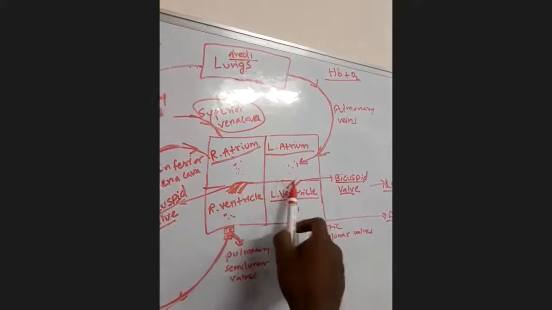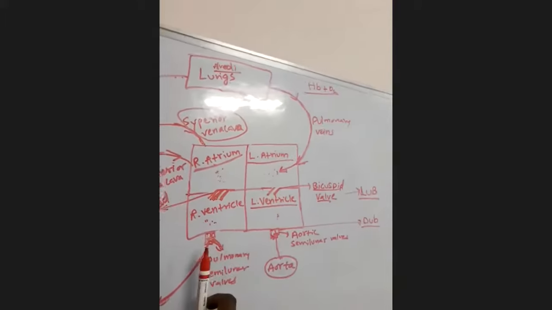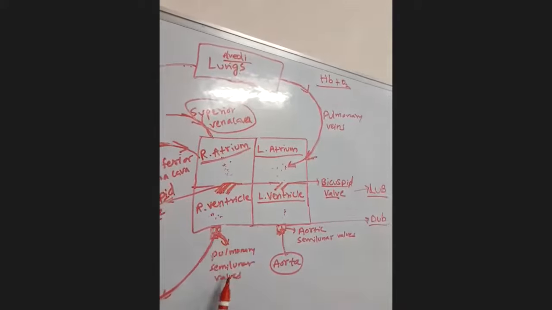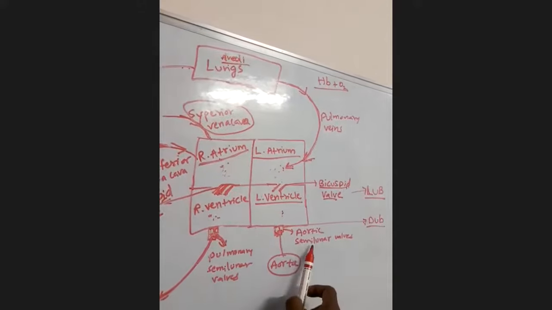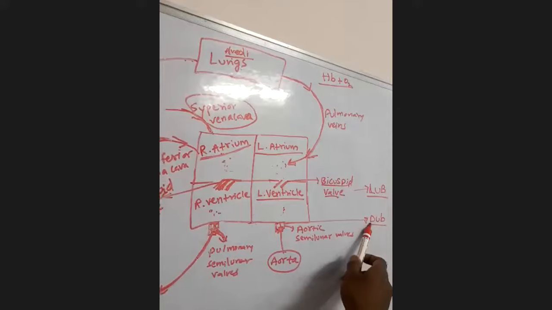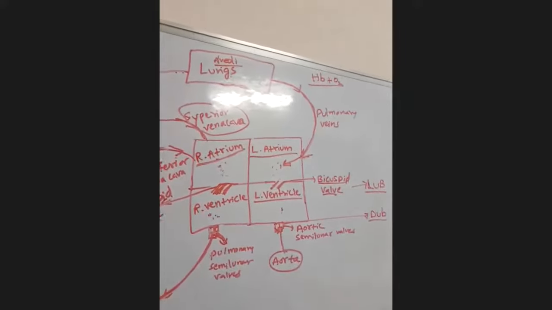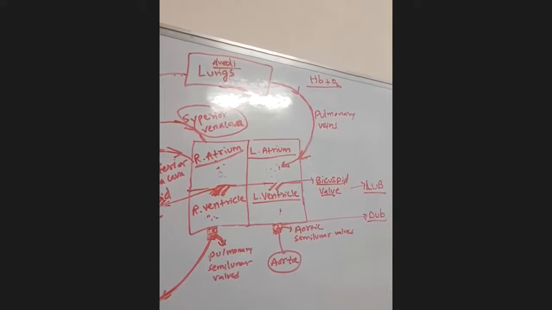That sound is somewhat louder, and that sound is lub. And the pulmonary semilunar valve and aortic semilunar valve are closed at the same time, and the sound we hear is dub. So you can understand this by our heartbeat, right?